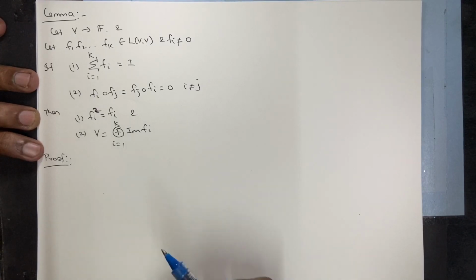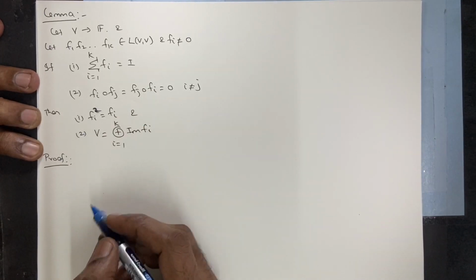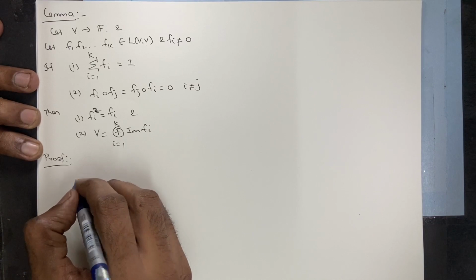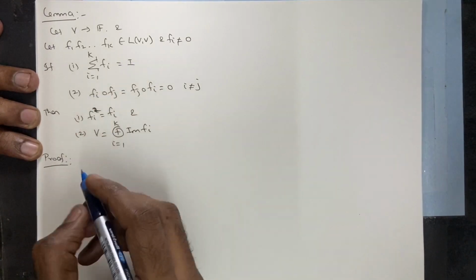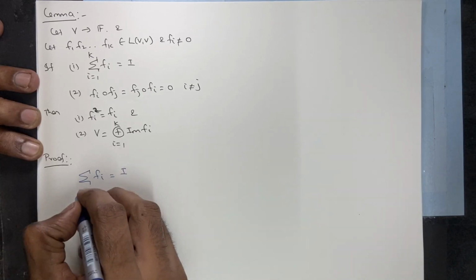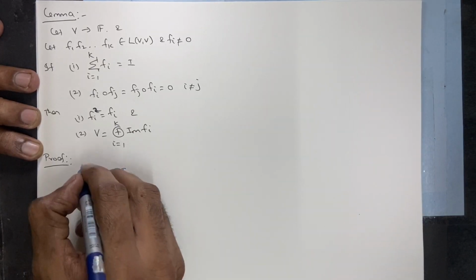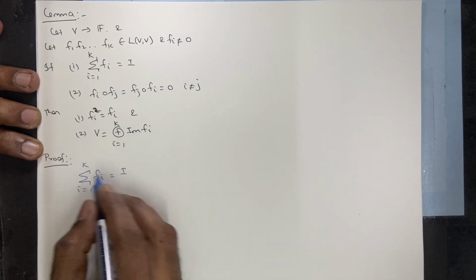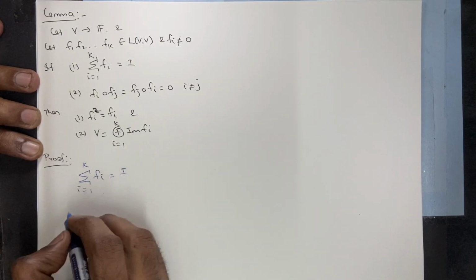The proof is not very complicated; it's very straightforward. So let's prove these two necessary conditions, assuming the sufficient condition. From the first condition, we know that these Fi's add up to the identity element, the sum of Fi from i running from 1 to k. So take an arbitrary Fj and take composition on both sides.